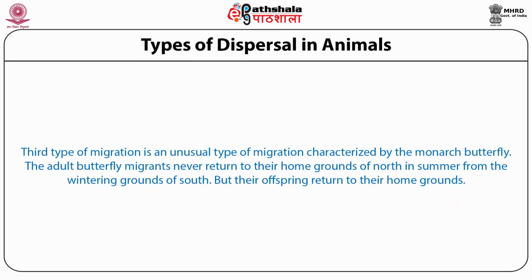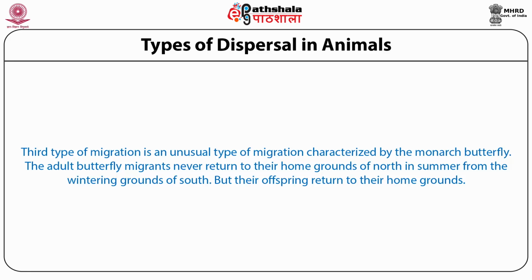The third type of migration is an unusual type of migration characterized by the monarch butterfly. The adult butterfly migrants never return to their home grounds of north in summer from the wintering grounds of south, but their offspring return to their home grounds.